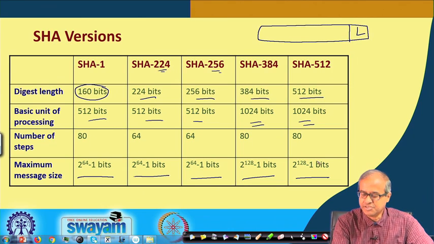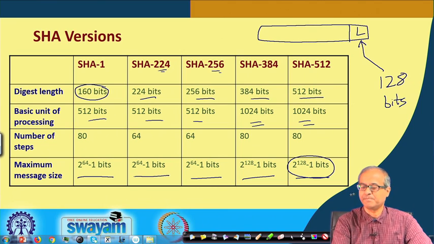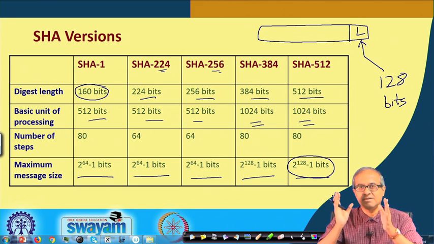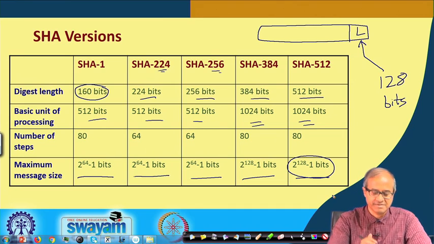Now, 2 to the power 128 minus 1 means here the message length will be 128 bits. So, the number of bits reserved for this L is fixed, and that determines the maximum size of the message.